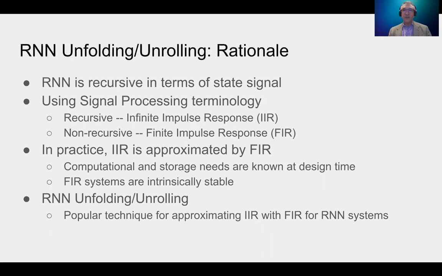In addition to the cost-effective computational and storage characteristics of finite impulse response systems, a key advantage is that they are inherently stable by definition. Hence, from the signal processing viewpoint, the unfolding or unrolling is a technique for approximating infinite impulse response sequences with finite impulse response sequences as pertains to recurrent neural networks.